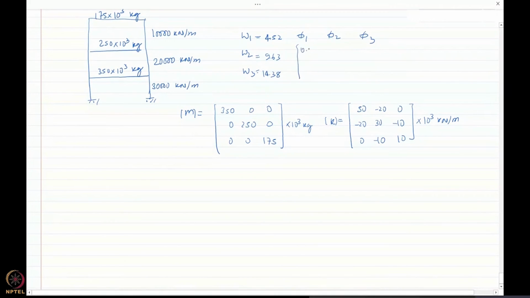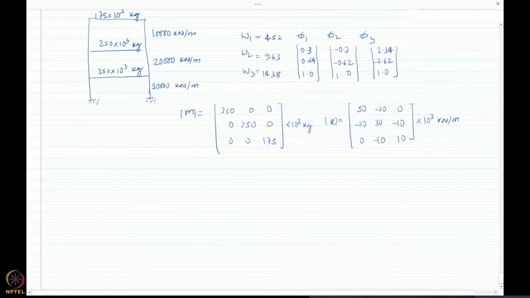Similarly, the mode shapes I'm going to write here. I'm normalizing with respect to the third story. So phi 1 is 0.3, 0.64 and 1.0, phi 2 is minus 0.7, minus 0.62, and again 1.0, and phi 3 is 2.34, minus 2.62, then 1.0.